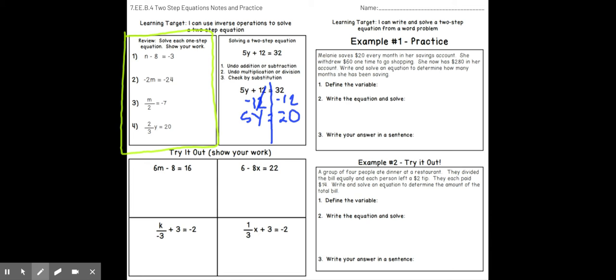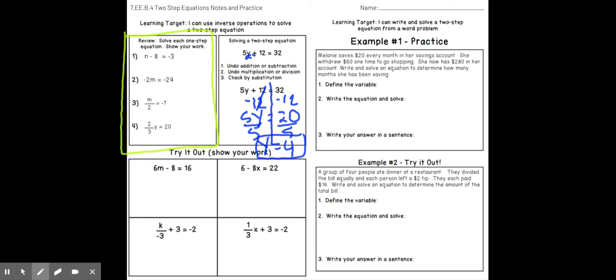So we know this 5y means multiplication, so I'm going to divide both sides by 5, which would get me y equals 4. Now up here it says check by substitution, so we could do that. We could substitute up here where y is and put in a 4 instead. So 5 times 4 is 20. Plus 12 is 32.